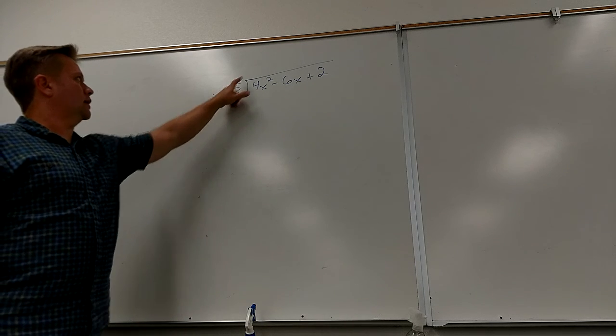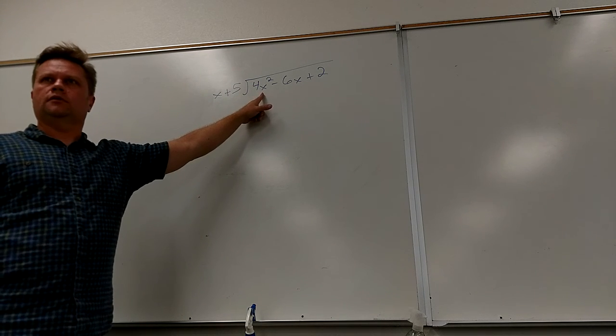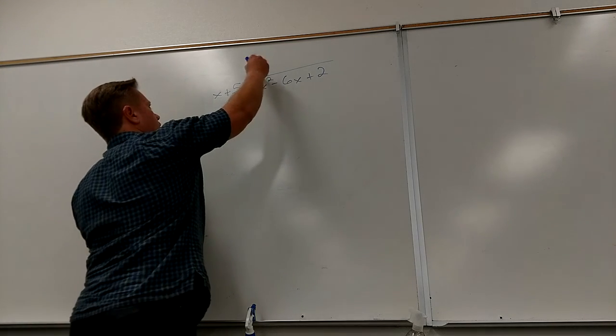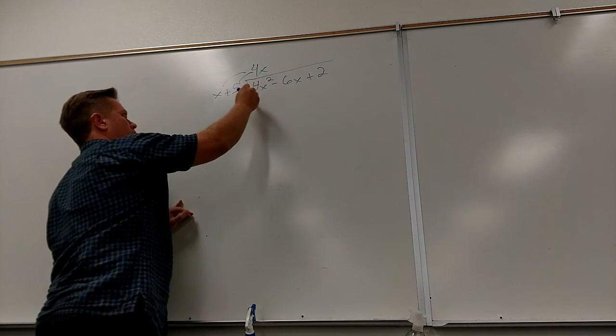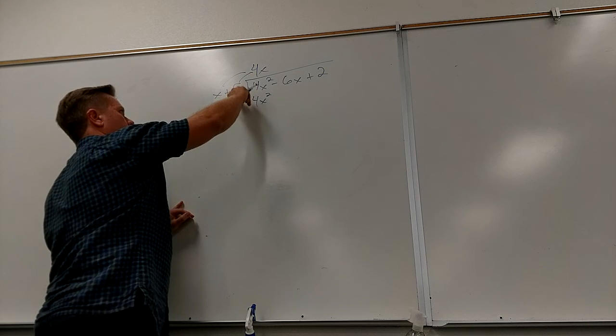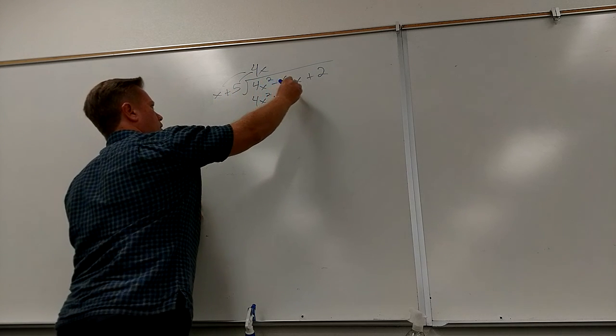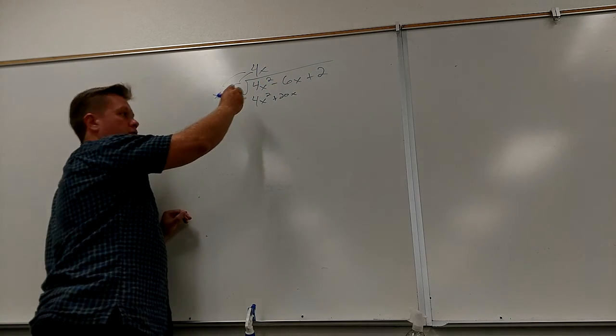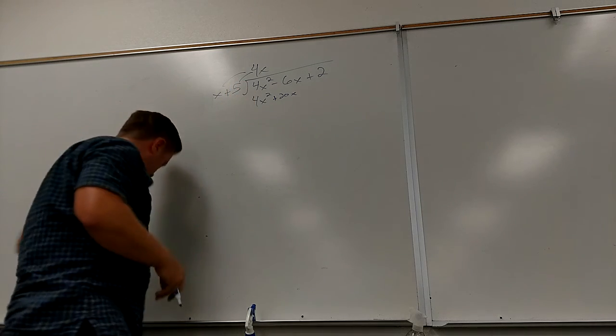So x times what is 4x squared? 4x. So then you multiply. So you get 4x squared like we knew we would. 20x. Change the signs. I like it.